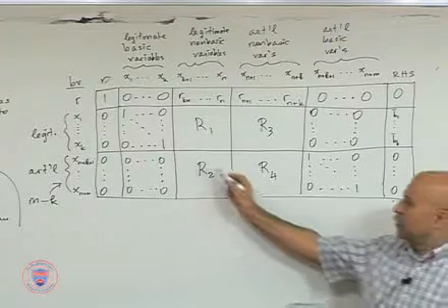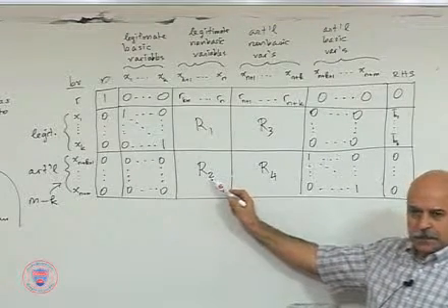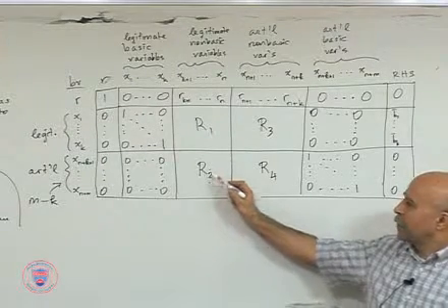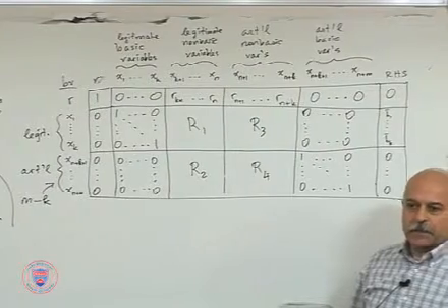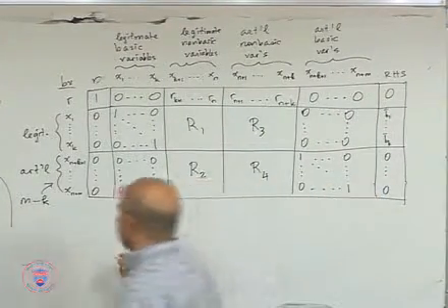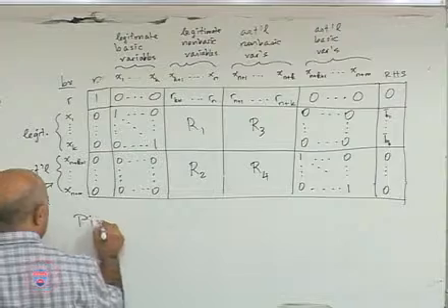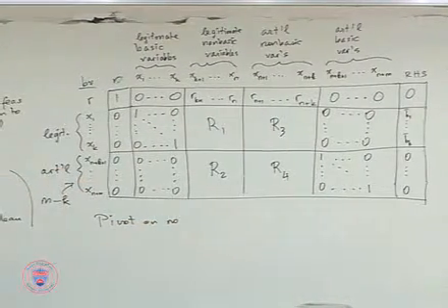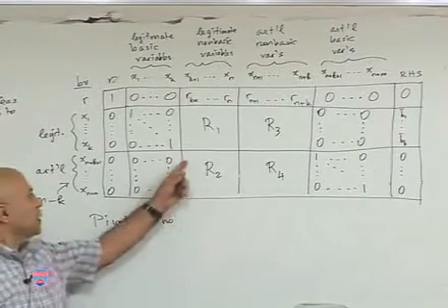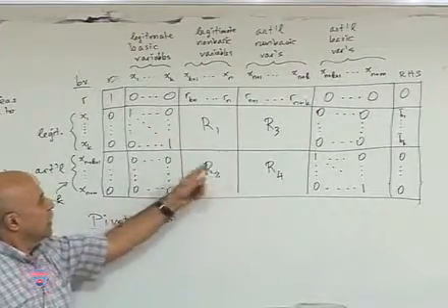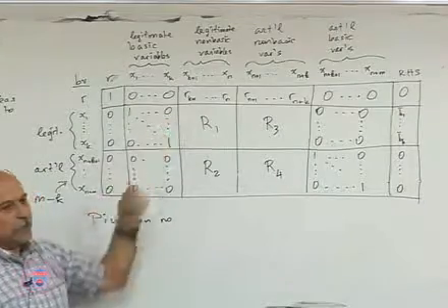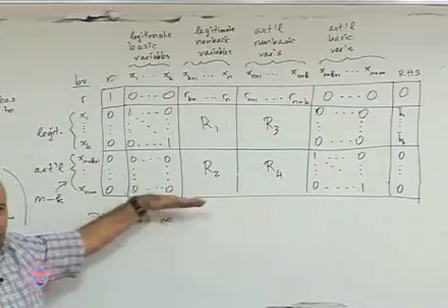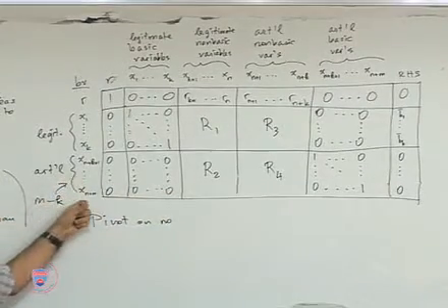As long as you have non-zero numbers here, which could be negative or positive, you can always do your pivoting operations to replace these. You will replace one of the artificial basic variables with a legitimate non-basic variable.